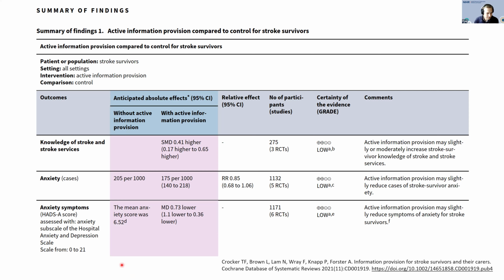We've got a number of different outcomes down the left-hand side here. There are a number of summary statistics, but we've got the certainty of the evidence, and then an interpretation of the evidence over here.